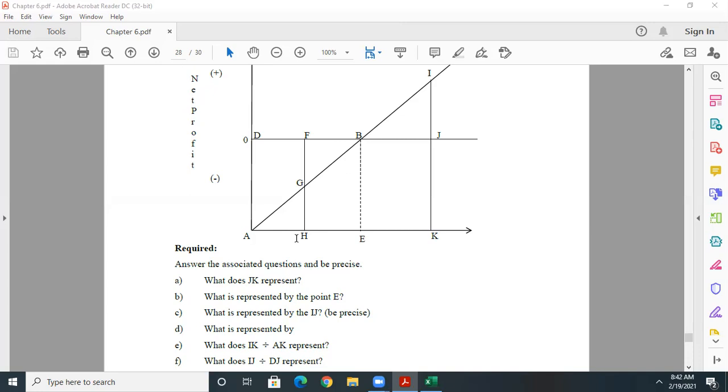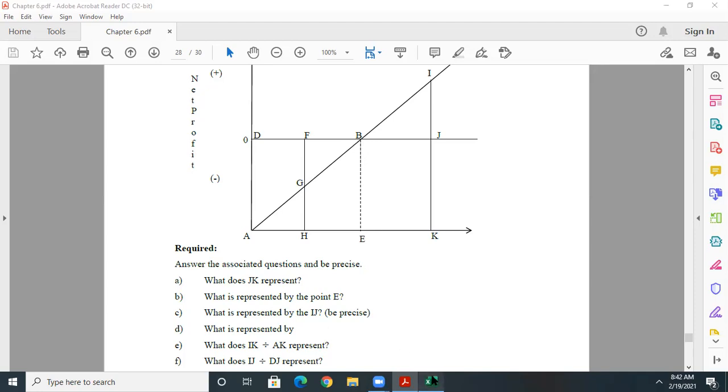Okay, it's almost 10 minutes, so shall we have a look at that? The first one we did: what is represented by the point E? That is nothing but the break-even point. At the point E, you enjoy no loss, neither profit nor loss.